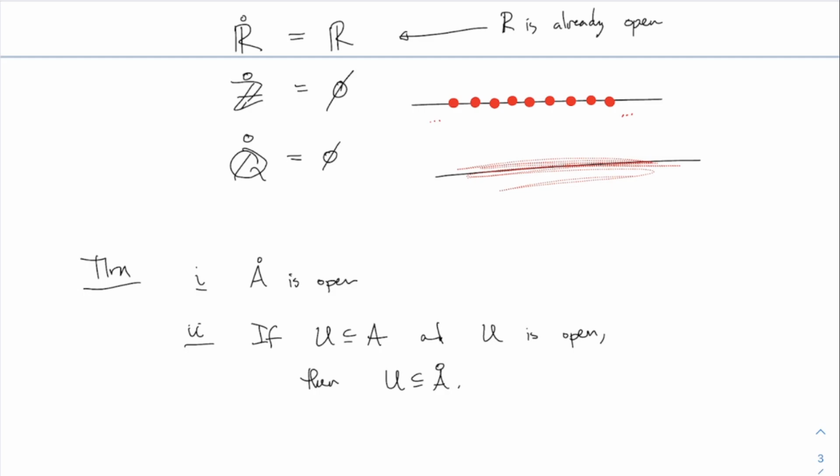And the second one, if some open set is a subset of A, remember the interior is defined to be the union of all possible open sets inside of A. And so if you have an individual one of those open sets, it is automatically a subset of the union of all possible open sets. That's why this second one is true. Same stuff from before.